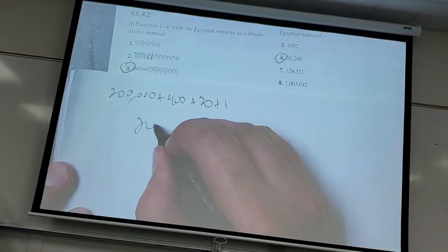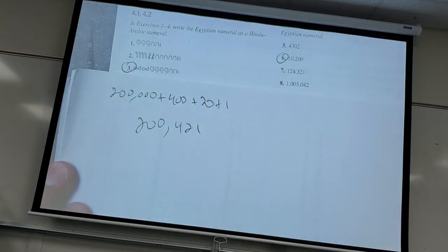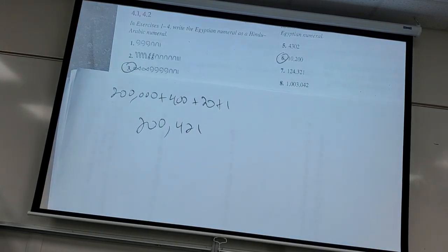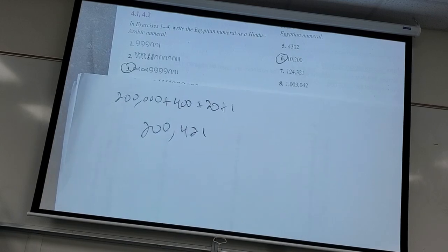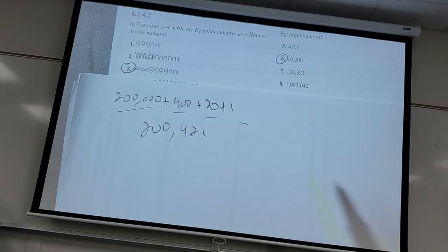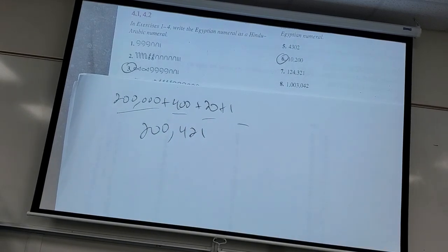So that'd be 200,421. Alright, so Egyptian is just kind of like our expanded form when you write a number like this. They just gave symbols to each piece of an expanded form. That's what they did.